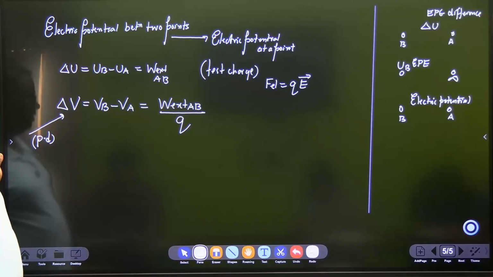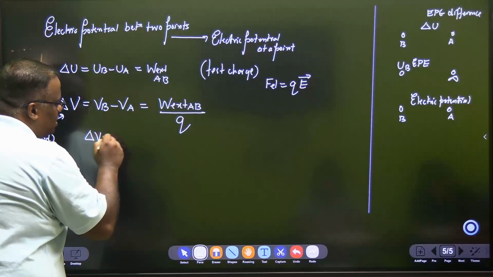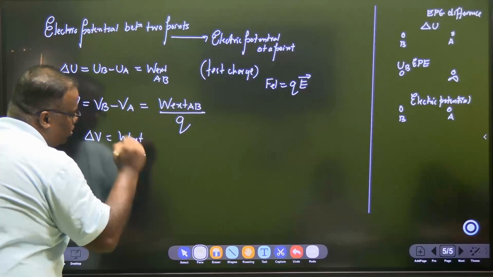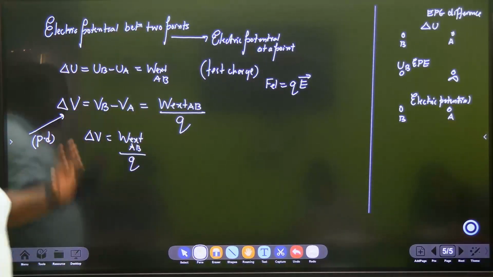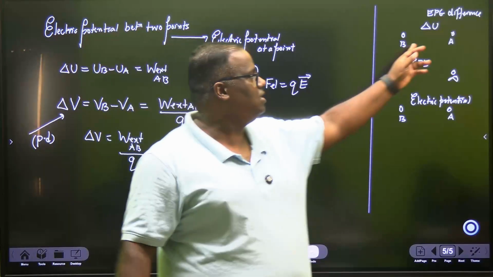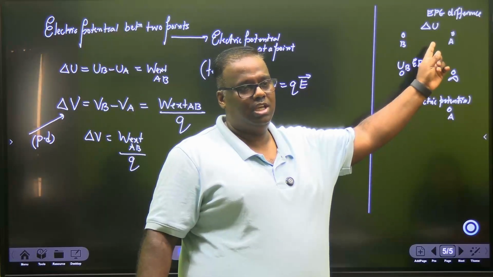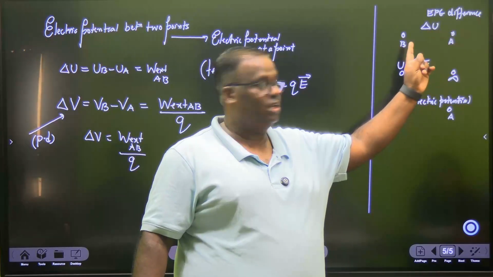So now the definition changes. Finally, we can also say the potential difference is the external work that you did from A to B divided by Q. Same thing. So see, what did you define here, children? Electric potential energy difference between 2 points is the measure of the external work done in moving a test charge from one point to the other.